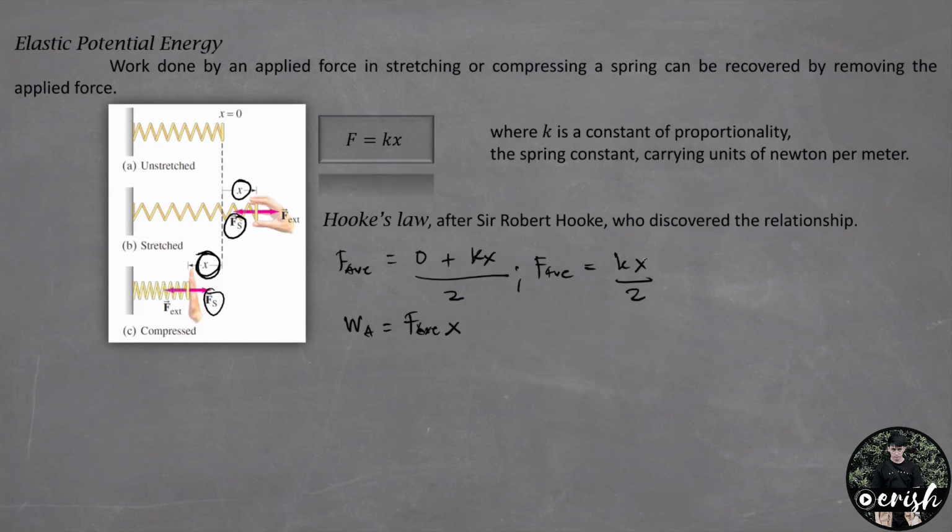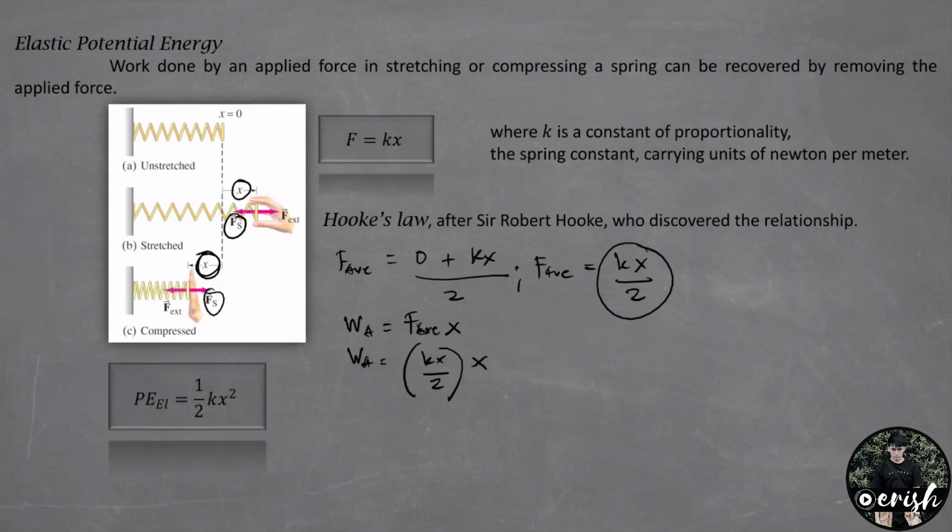So if we substitute this value here, work applied is equal to kx over 2 times x. Madederive natin yung formula for the elastic potential energy. So, elastic potential energy is equal to 1/2 kx squared, where yung k again is the constant of proportionality. Yung x is the distance ng pagkaka-stretch or pagkaka-compress ng spring.